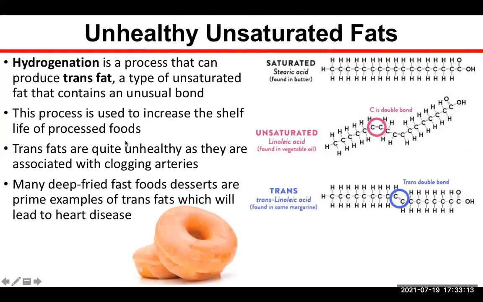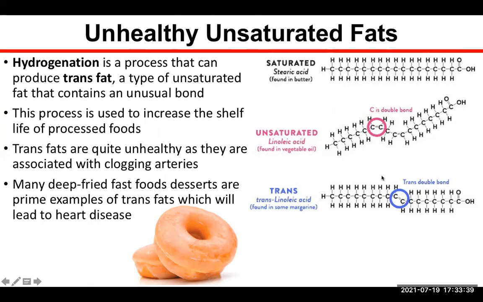Now let's talk about the bad or unhealthy unsaturated fats. So typically these are going to also have a double bond formed in them, but when they do this, it's an artificial process. It's not natural like these unsaturated fats that are found in fish or vegetable oil.